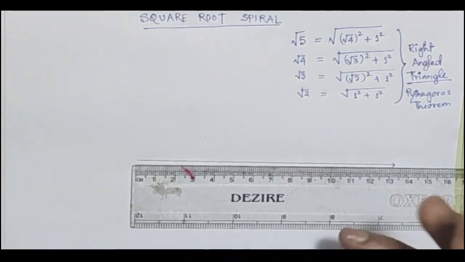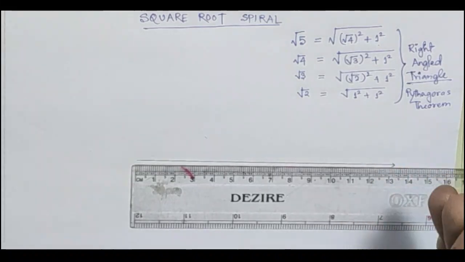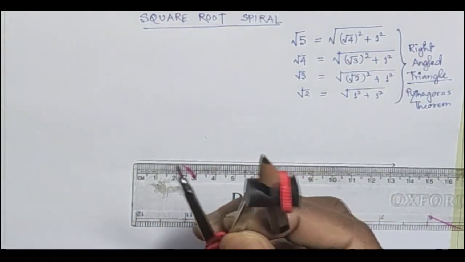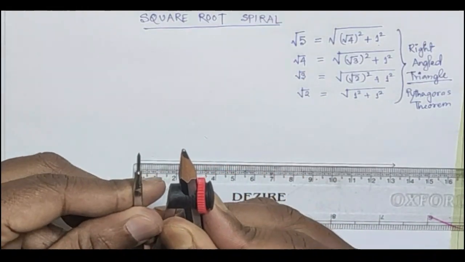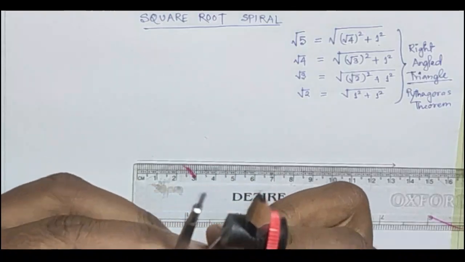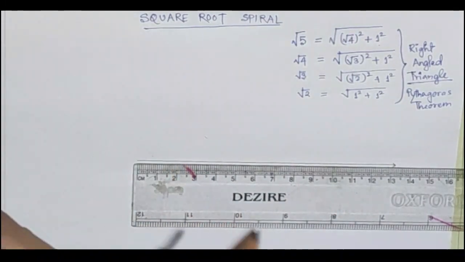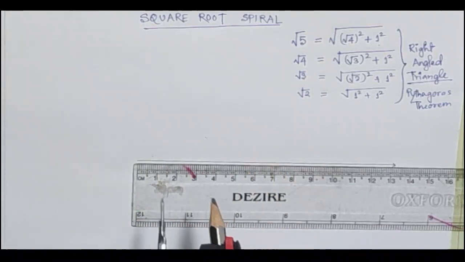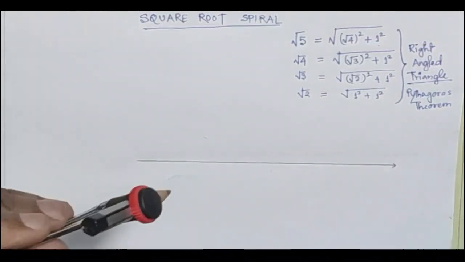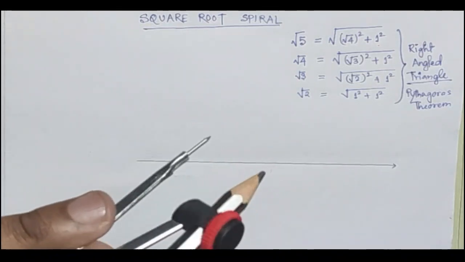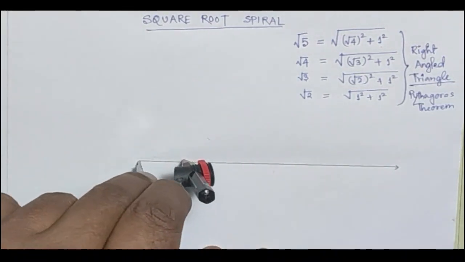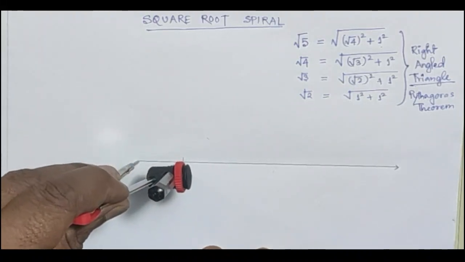In any case where you draw the number line, you don't need to mark every point. You can just take the compass, take any length of the compass as the unit, and don't change it. I'm taking this much as the length, and for every marking the unit shall be 1. So here it is 1 unit.